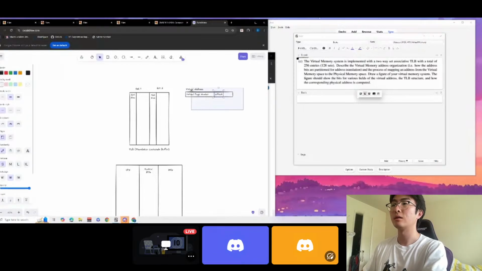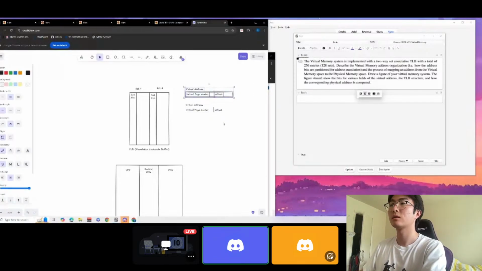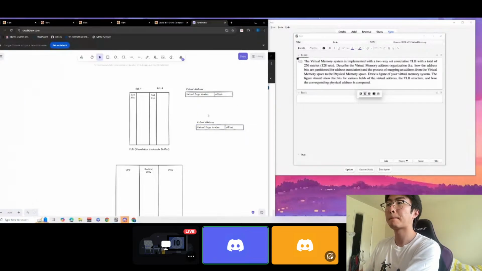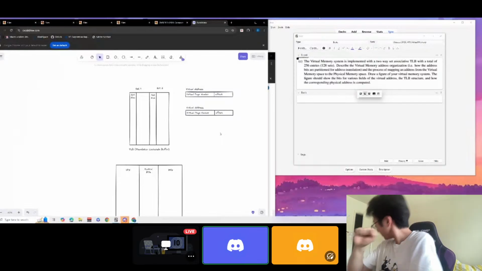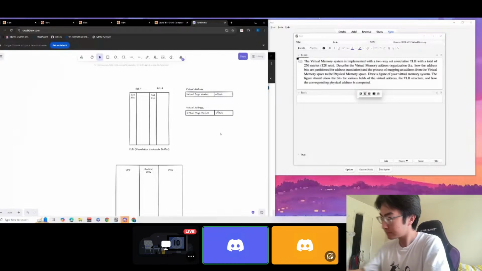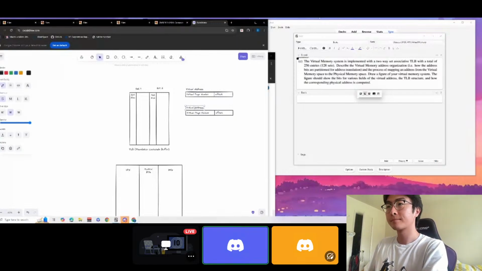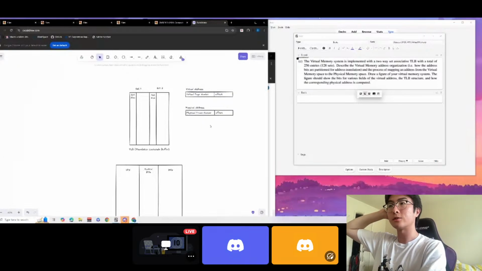All right, and then let's bring this over here. So we have our virtual address. So physical address, so physical frame number, and then we also have an offset here.